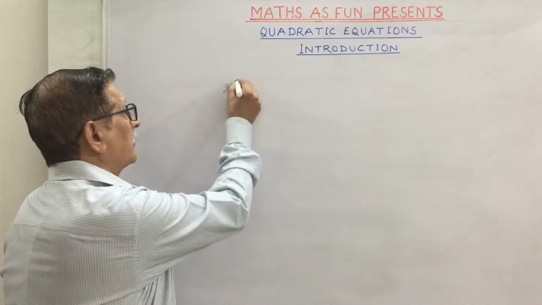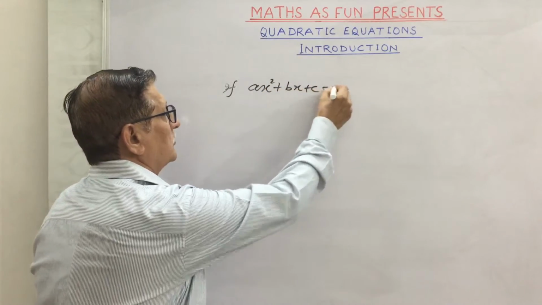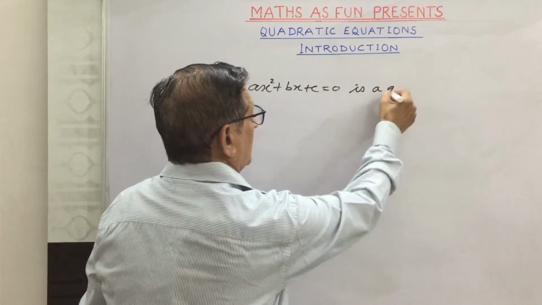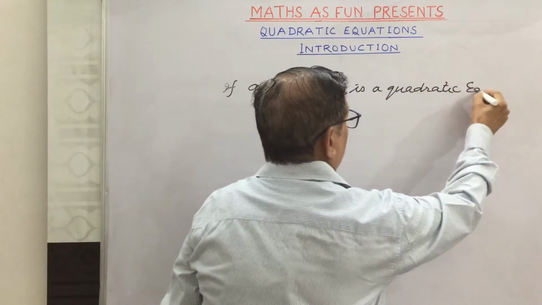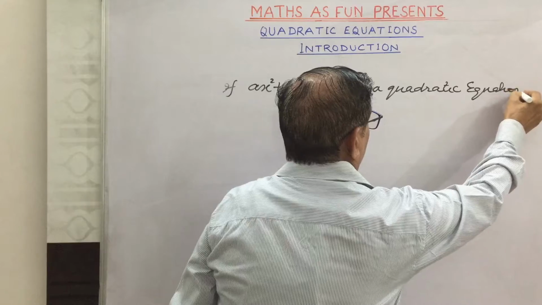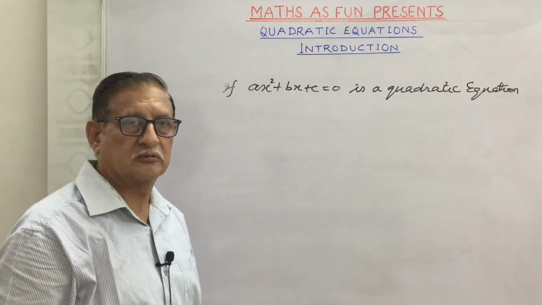Now if ax² + bx + c = 0 is a quadratic equation, then we know a, b, c are known as the coefficients.